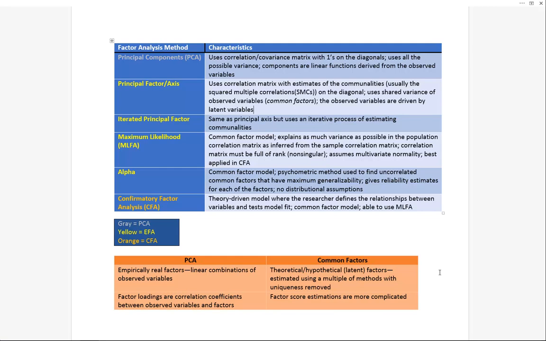Whereas common factors are theoretical or hypothetical, which we call latent factors, estimated using a multiple of methods with uniqueness removed. In PCA, the factor loadings are literally the correlation coefficients between observed variables and factors, and that makes it easy to interpret and quite handy in that way, whereas with common factors, factor score estimations are a little bit more complicated.